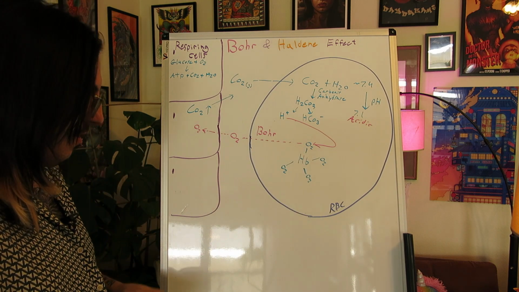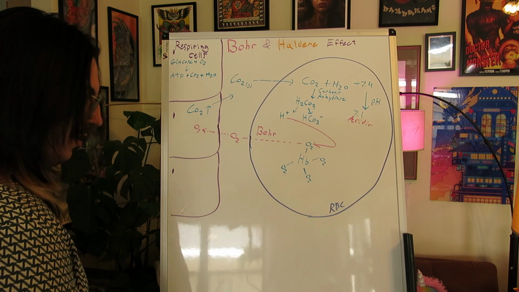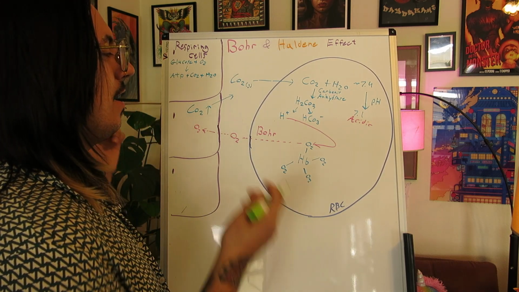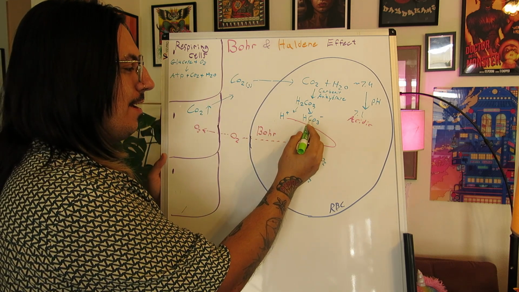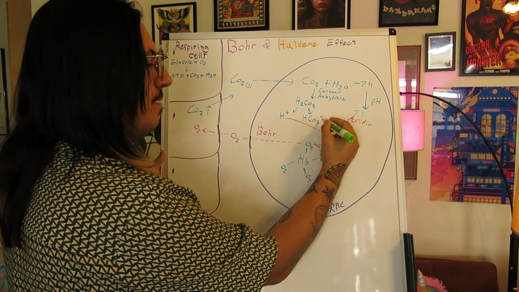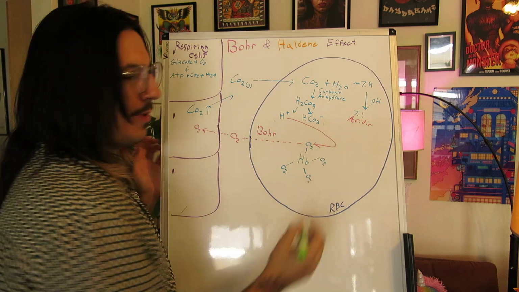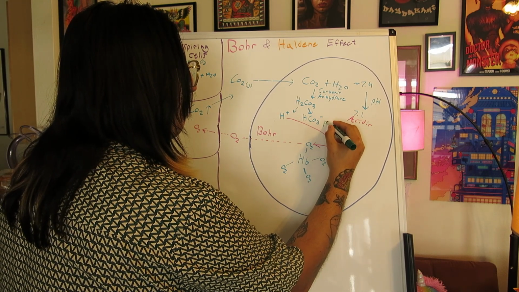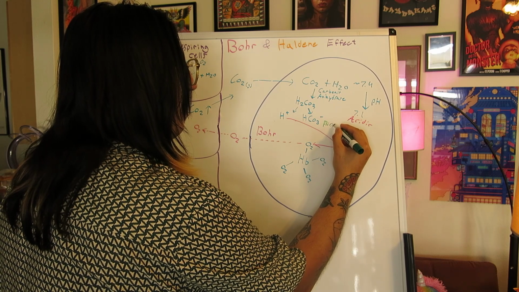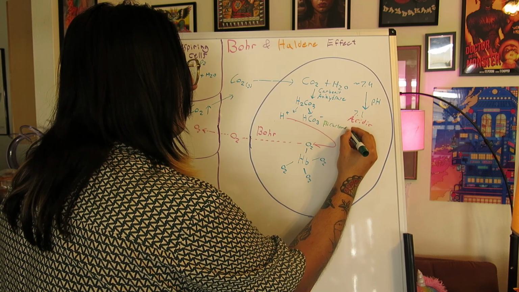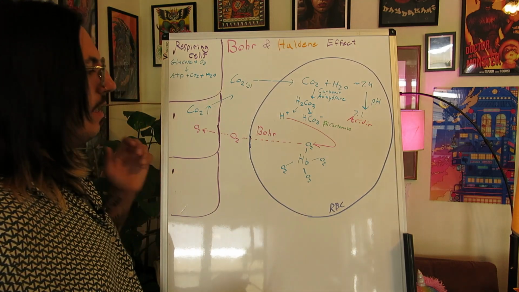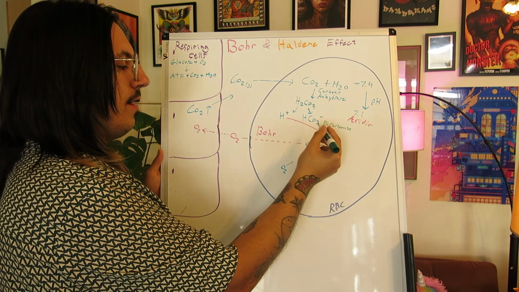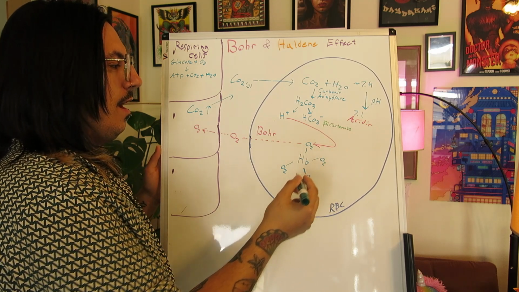Now, what we need to happen, let me grab another color. The bicarbonate, oh, you can barely see that. This bicarbonate is going to leave the red blood cell.